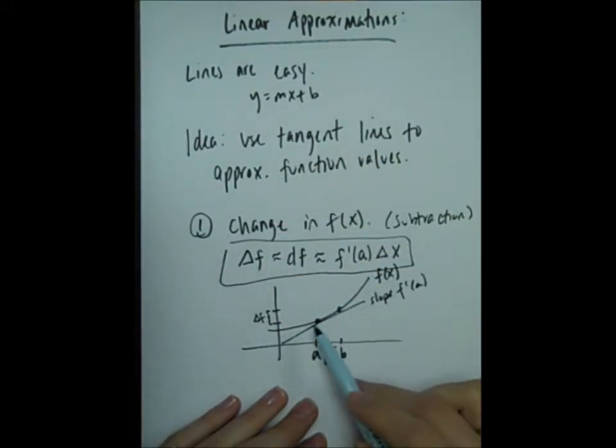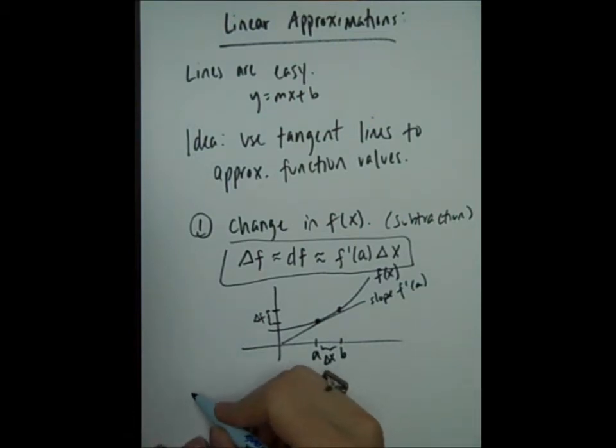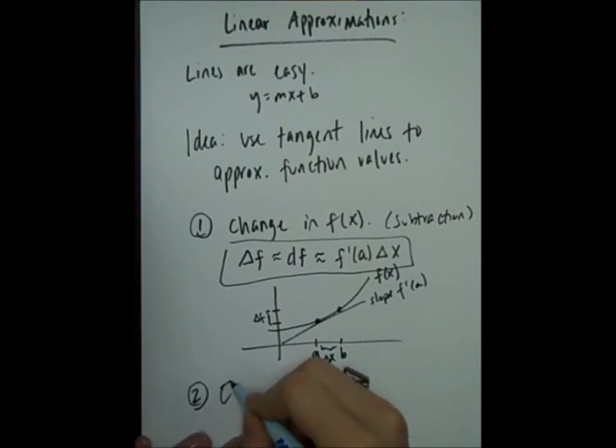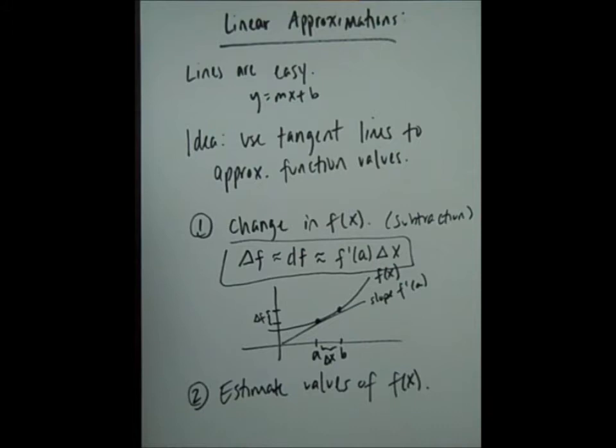Again, this is coming from the fact that we're looking at the change in the tangent line as opposed to the change in the curve or the change in the function. So that's the first question this section is going to ask you. The second part of this section is asking us to estimate values of f. It's going to say something like, estimate the value of f at 2.2.